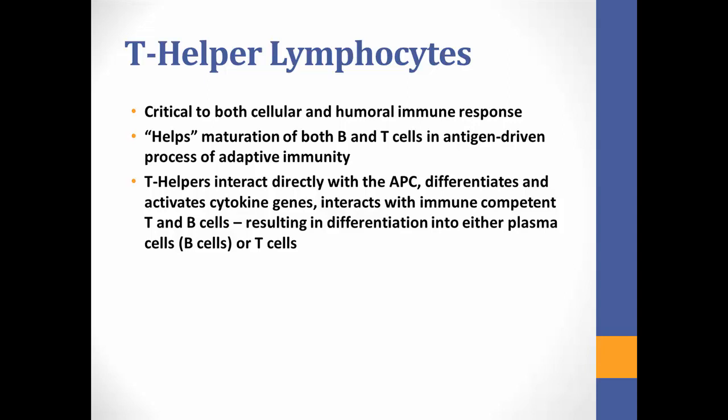T helper cells have the ability to interact directly with the antigen-presenting cells, to differentiate and activate cytokine genes, to interact with immune-competent T and B cells, and the result is differentiation into either plasma cells, which would be the B cells, or T cells. So those T helper cells are very, very important in triggering and assisting the immune response.